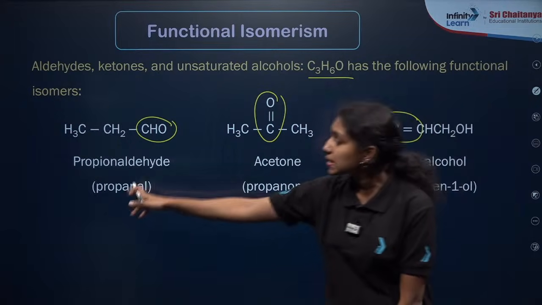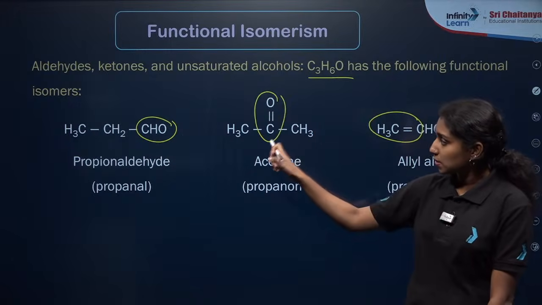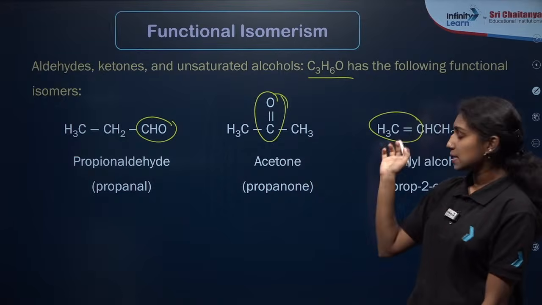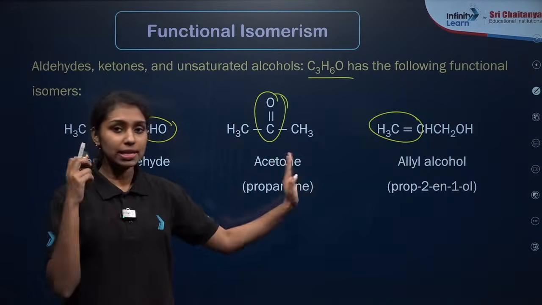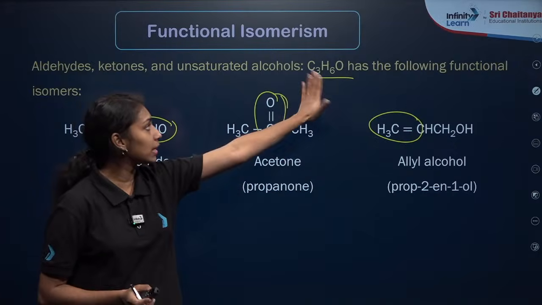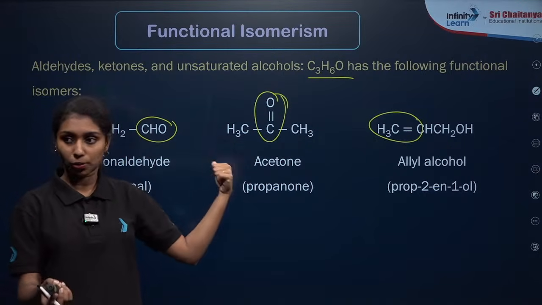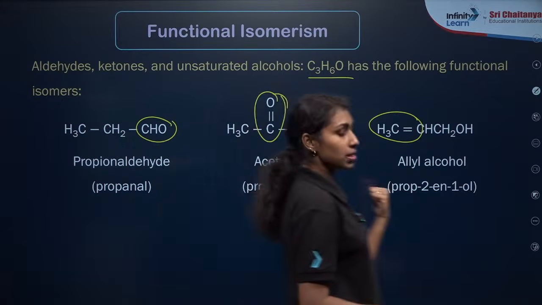In the first case, CHO means it is an aldehyde group. In the case of acetone, this is the C double bond O, the ketone group. And here it is the double bond. So in these three compounds, the molecular formula is similar, C3H6O only. But the difference is that they have different functional groups. So these are known as functional group isomers.